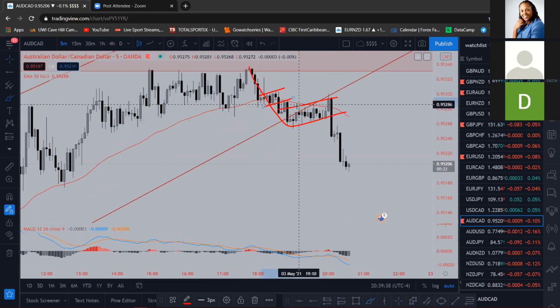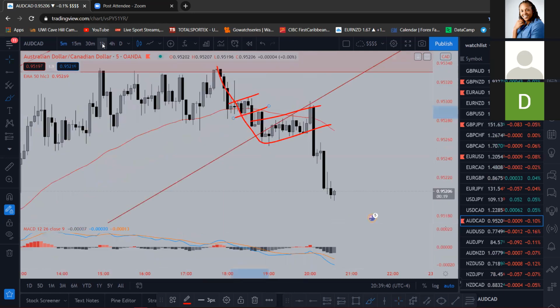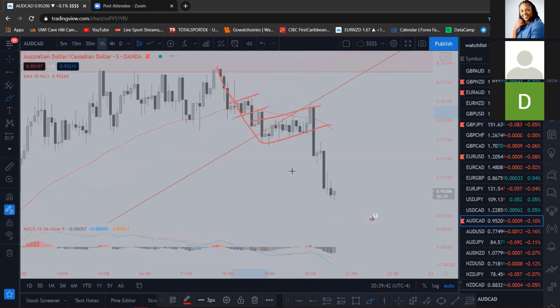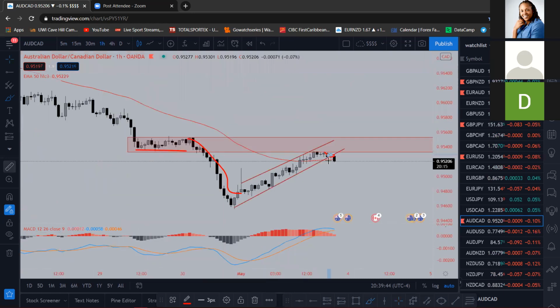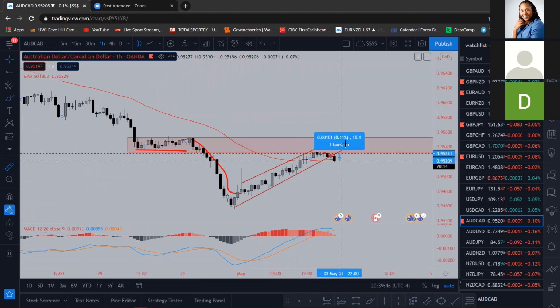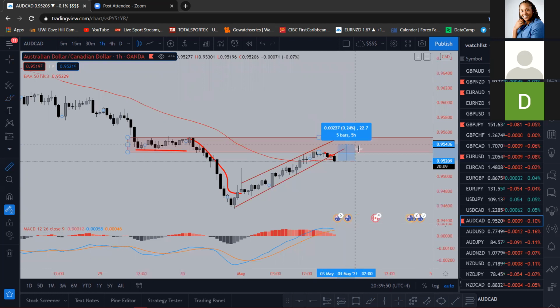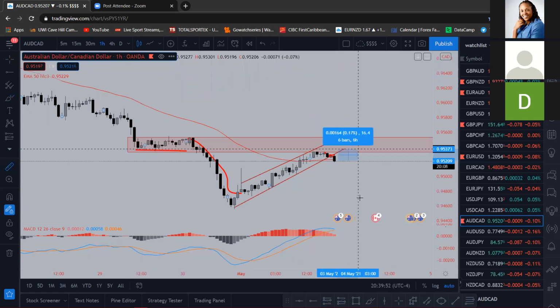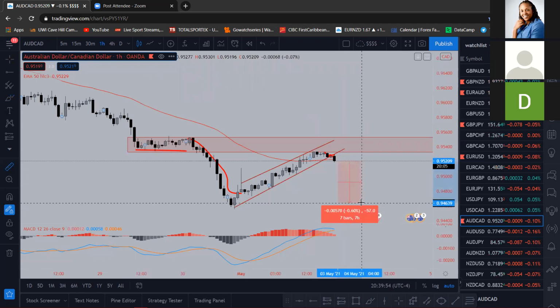So I'm looking to take this trade and go to the bottom, also above the high, and go here, 16 pip, 50 pips, right?